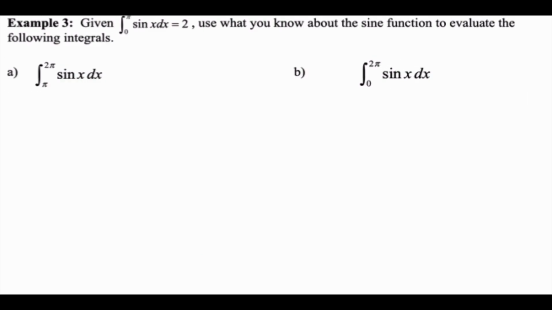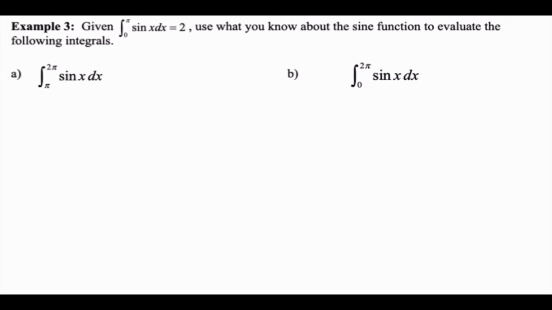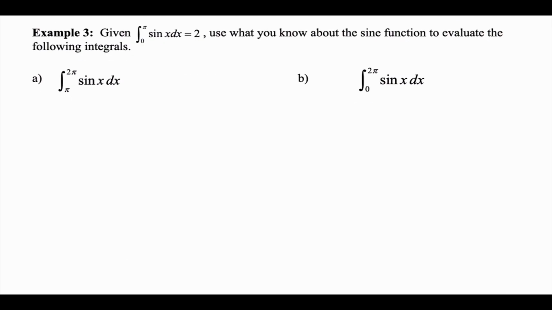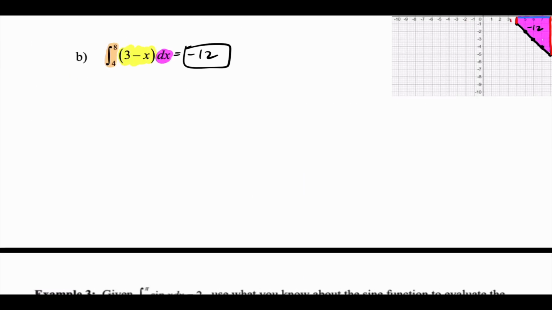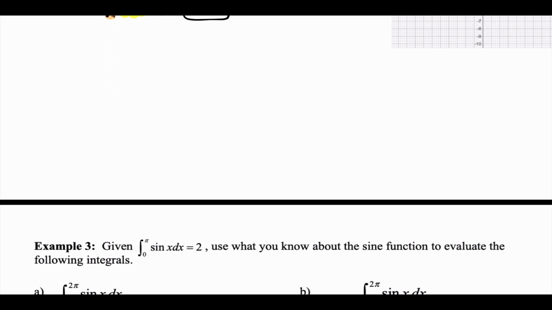Okay, so let's throw in one trick. Okay. So they've told us that the area under the curve for the sine function, the sine wave. So let me draw a picture of the sine. Let me draw it right here.